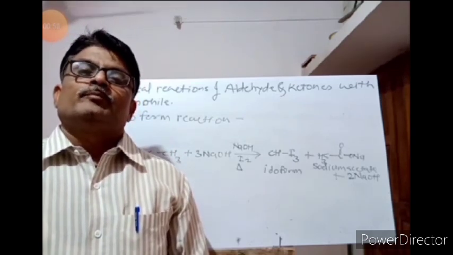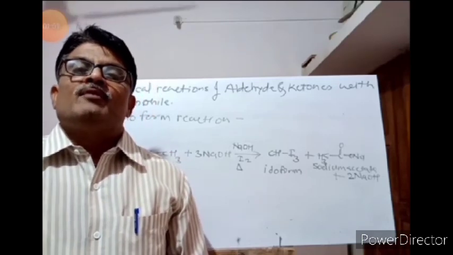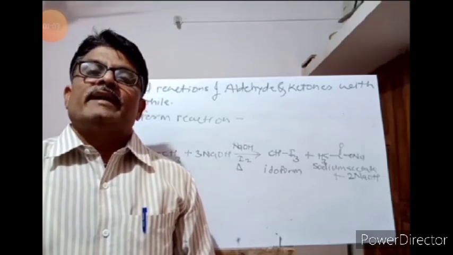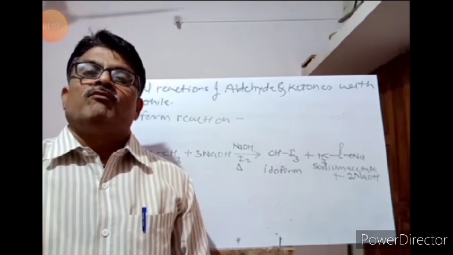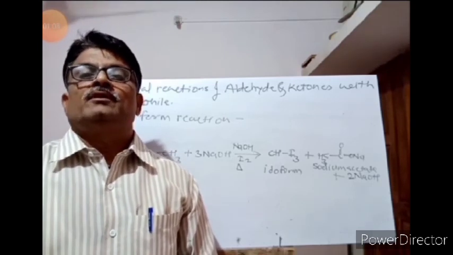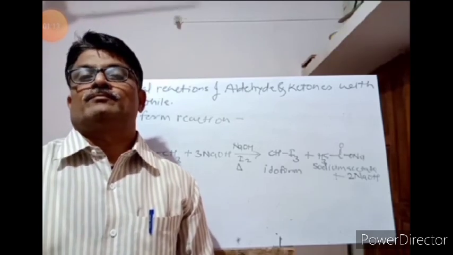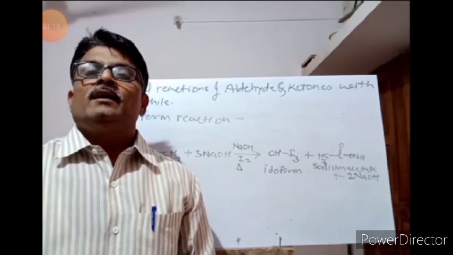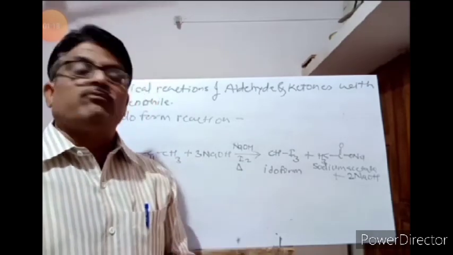In this reaction, with sodium hydroxide and iodine, sodium hypoiodite is formed in the reaction mixture, which reacts with aldehyde and ketone, forming a sodium salt of a carboxylic acid containing one carbon atom less, and yellow colored haloform, that is iodoform.